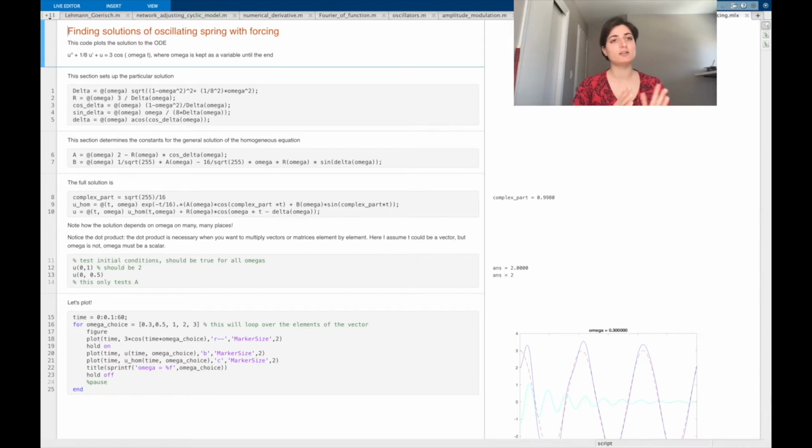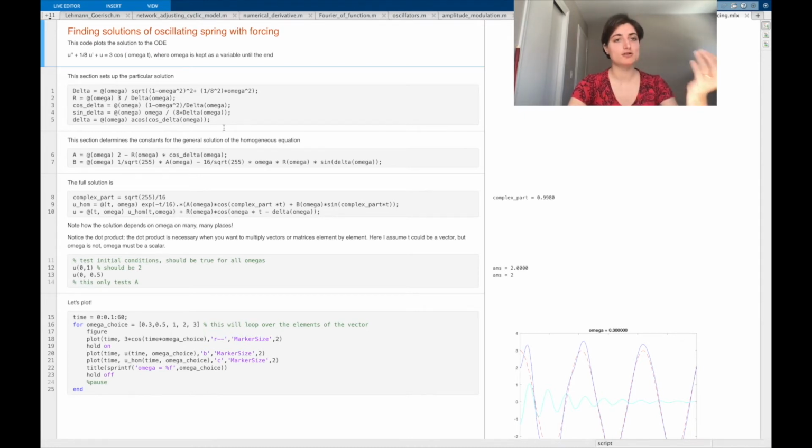We are finding the solutions of the oscillating spring with a certain forcing. The first block of this code is just defining things. I'm defining capital delta, I'm defining r, I'm defining cos of delta and sine of delta. All of these are explicitly functions of omega and might be functions of themselves. For example, r is 3 divided by capital delta of omega.